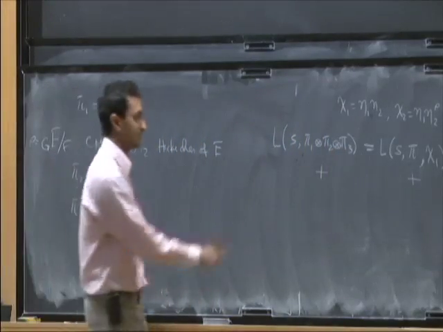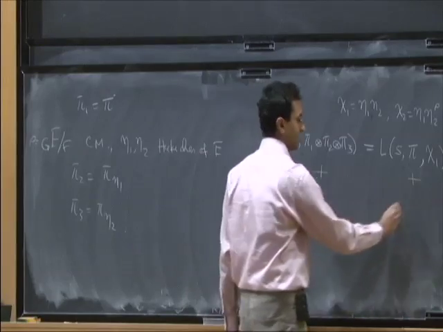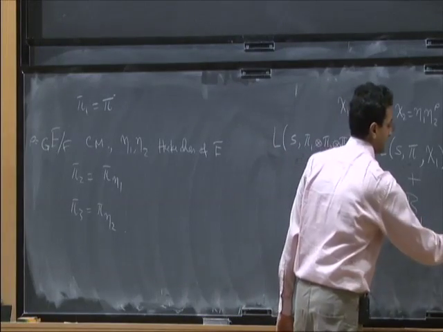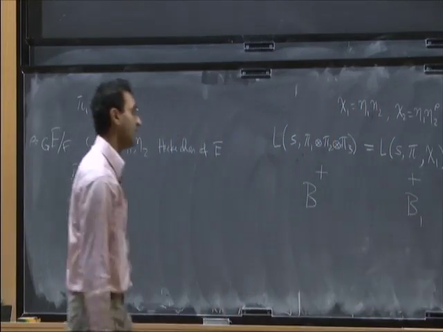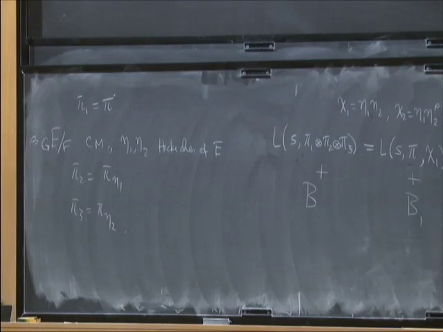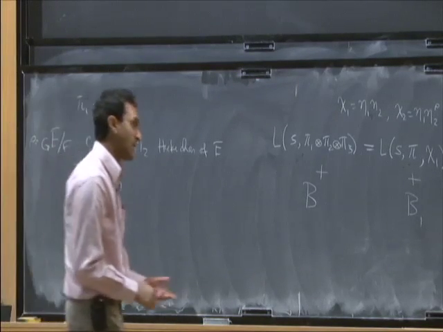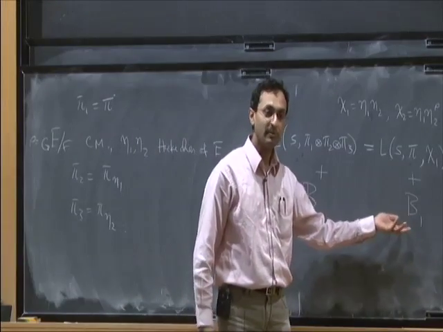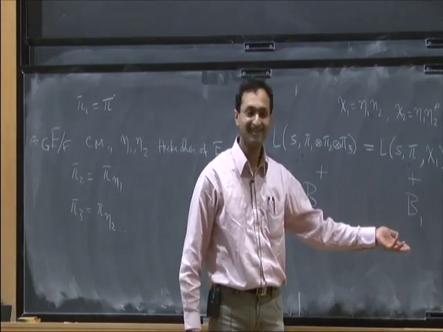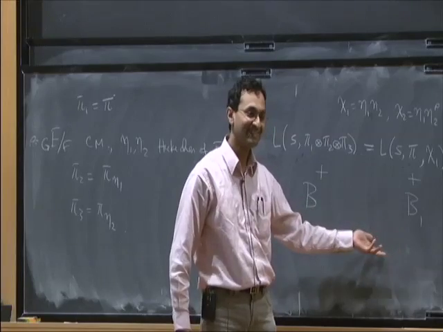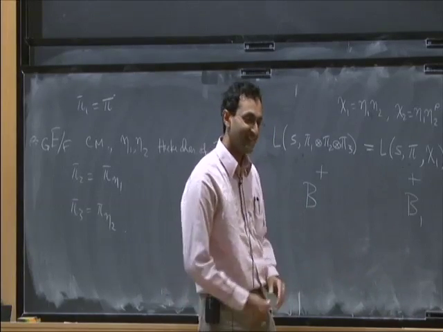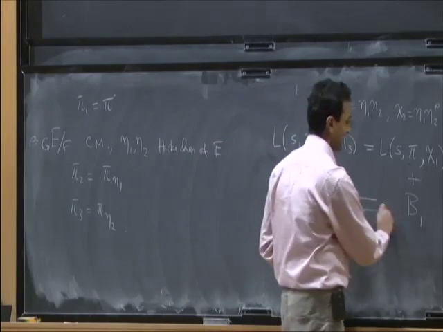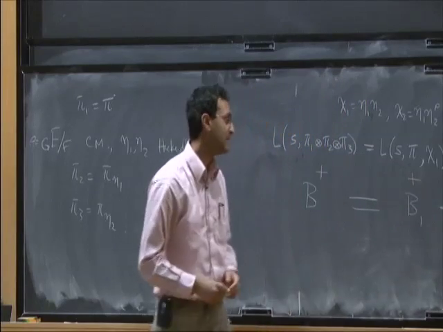So this is going to happen in some quaternion algebra B, and this is going to happen in B1, and this is going to happen in B2, and B, B1, and B2 are identified by epsilon factor conditions. Okay? So you know exactly what they are. So there's going to be a relation between B, B1, and B2. Somebody want to guess what the relation is? It's that B equals B1 times B2 in the Brauer group.